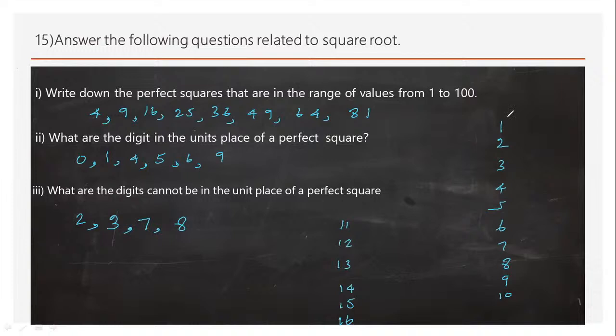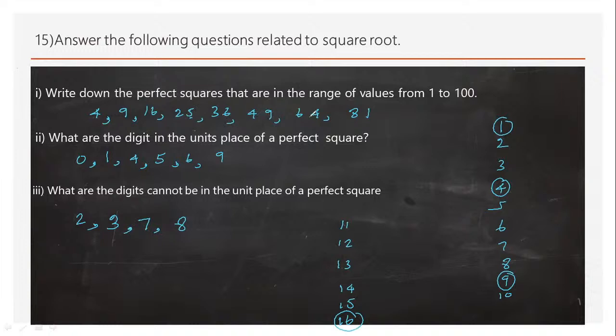This 1 is a square number, unit place 1. 4 is a square number, unit place 4. 9 square number, unit place it is 9. 16, unit place it is 6. Right? When we consider the other numbers, 25 you can see 5 at the unit place. 36 you can see 6 at the unit place.